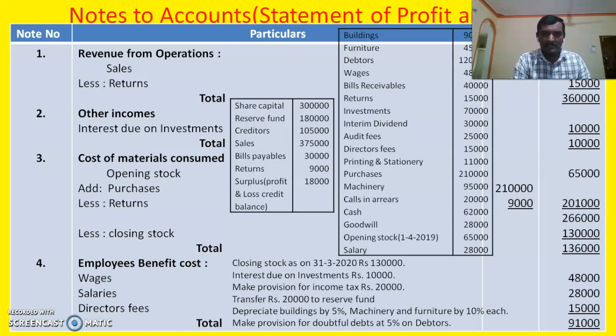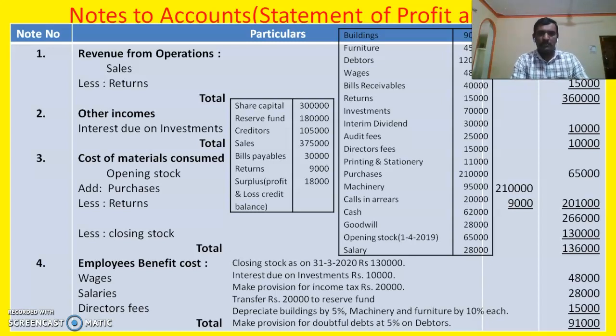So that return rupees 9,000 is to be taken, and then we have to go for the adjustment. So there they are given the adjustment number 1 for closing stock, rupees 1,30,000, that is to be subtracted from the given information, and the total of cost of materials consumed will get rupees 1,36,000.